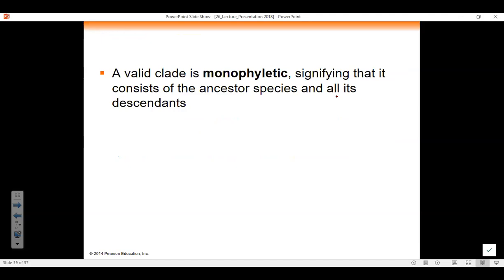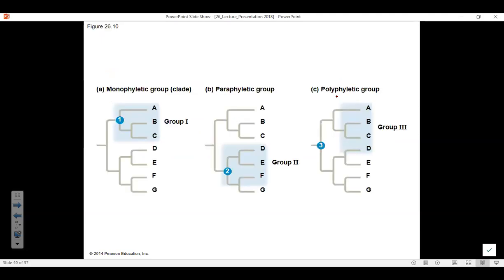And when they're finding new fossils of organisms, maybe they haven't found all the ancestral species yet. So you can have a clade that's monophyletic, which means it has the ancestor species in all of its descendants. So this right here, monophyletic, we've got a common ancestor between these three species and all the descendants.